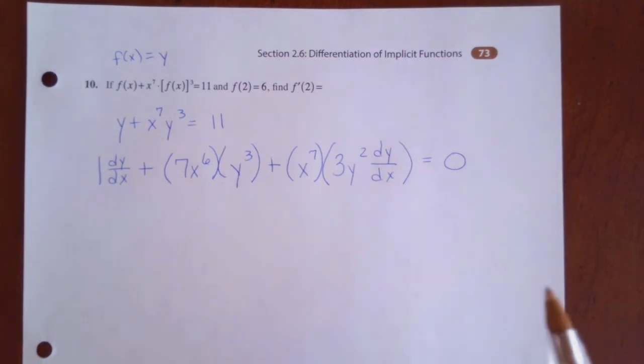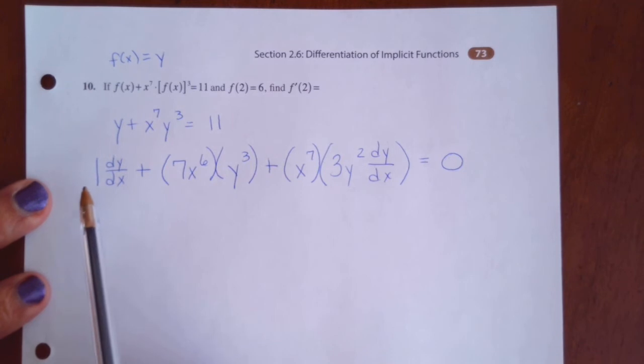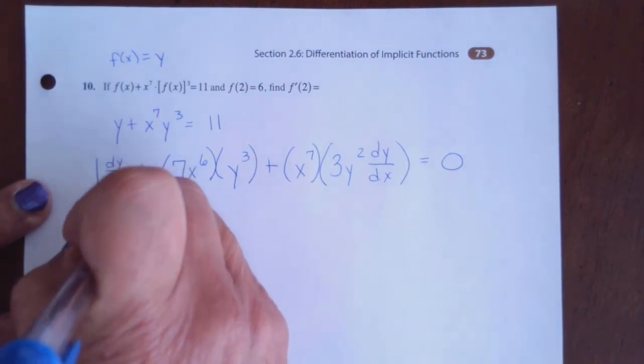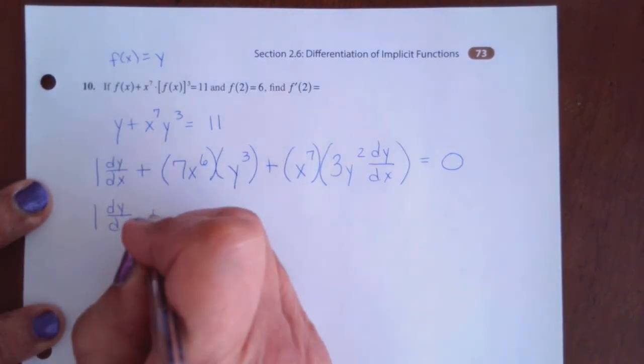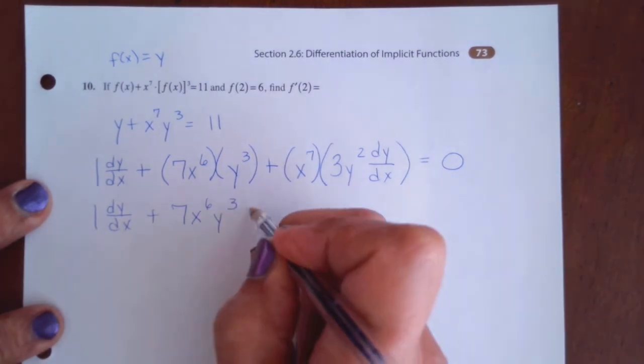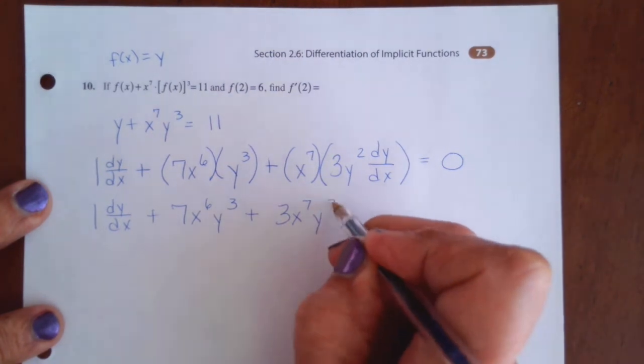All right, now this is a great problem because this we tend to lose. So I have to leave that 1 there, okay? All right, so I'm going to leave the 1 and I'm going to clean up the rest of this stuff. So this would be 7x to the 6th y cubed. And this would be 3x to the 7th y squared dy dx.